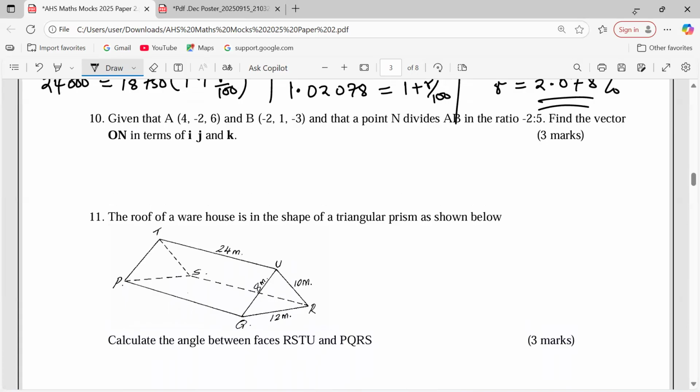Upon seeing the ratio, which is -2:5, it should dawn on you that N is an external point that divides vector AB. So we are having N here. N divides vector AB externally.